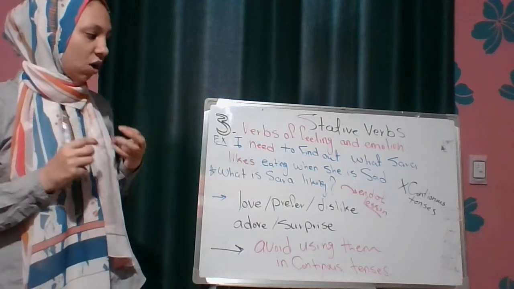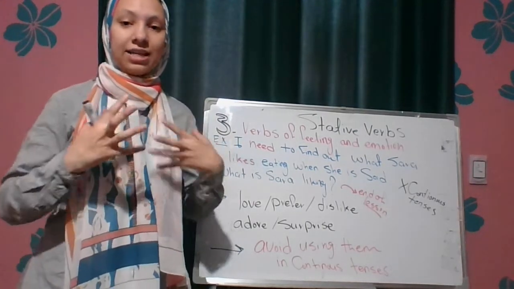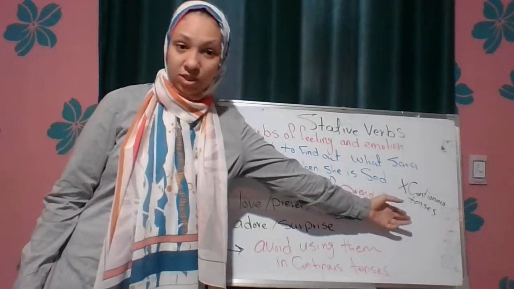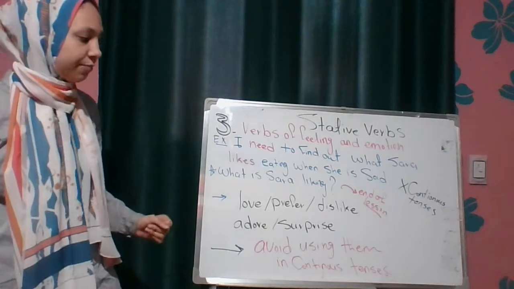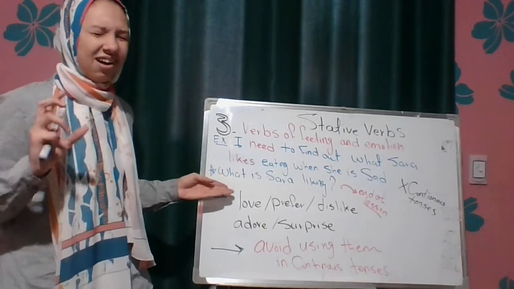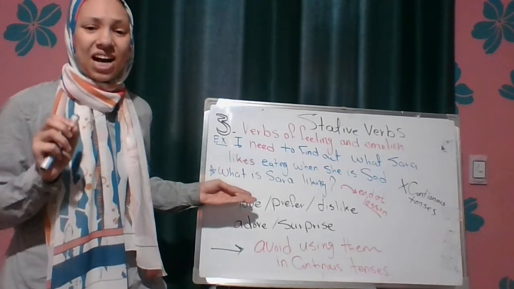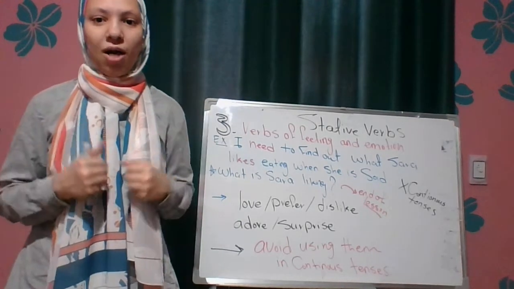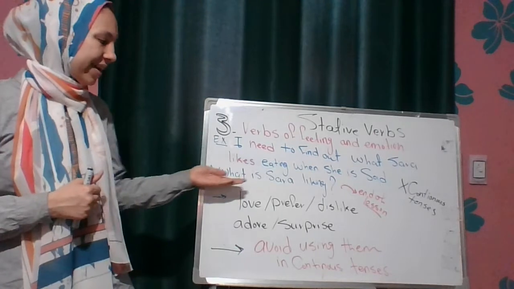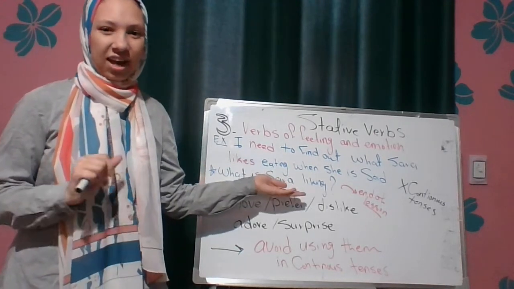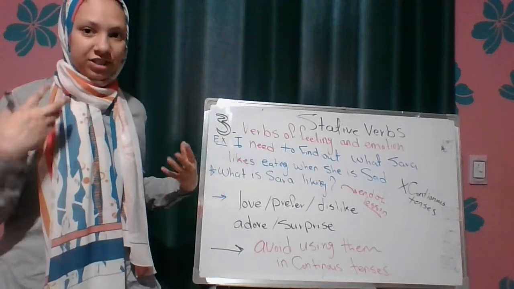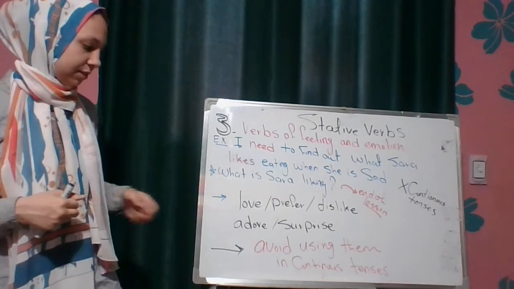So we rarely, if ever, use them with the continuous tenses. So I can't say "what is Sarah liking?" Okay, so this is wrong, and we will understand it much more at the end of the lesson.